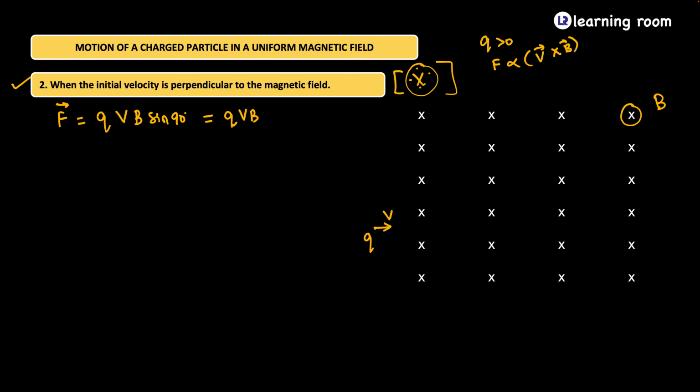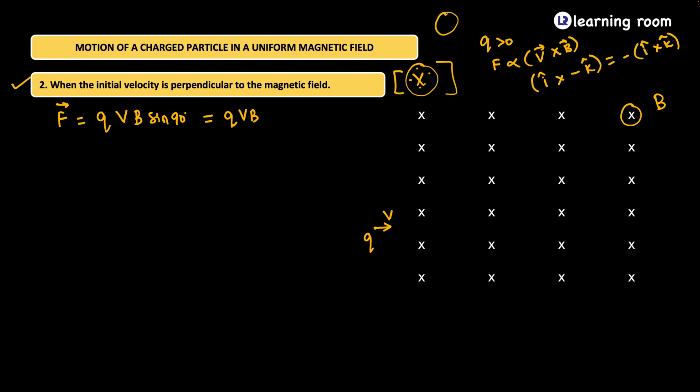What is the direction of the velocity vector? It is I cap. What is the direction of the B vector? It is minus K cap. So it is going to be negative of I cap cross K cap. So what is I cross K?